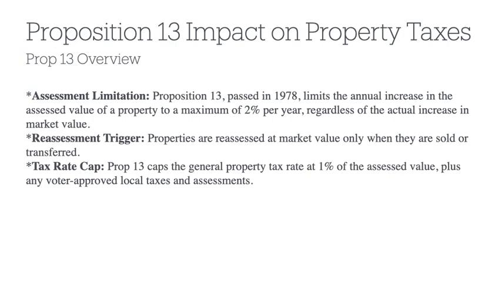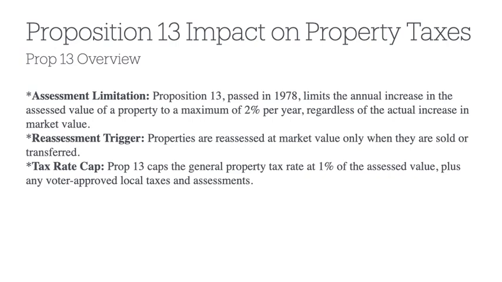And what is it that triggers a reassessment? So that's when you're selling your home or it gets transferred. So there's different ways to transfer property. That is another video on estate planning and how to minimize your taxes and that kind of stuff.